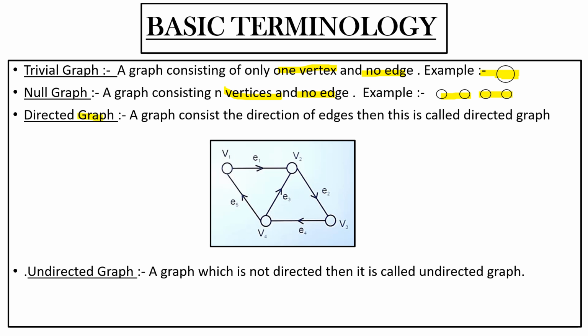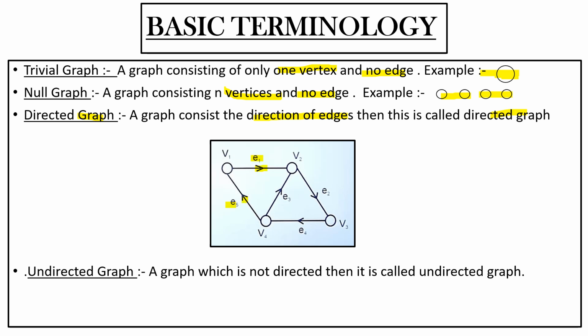Directed graph. A graph which contains the direction of edges is known as a directed graph. If we look at this example, we can clearly see that each and every edge of this graph has a particular direction, and these directions are represented by these arrows.